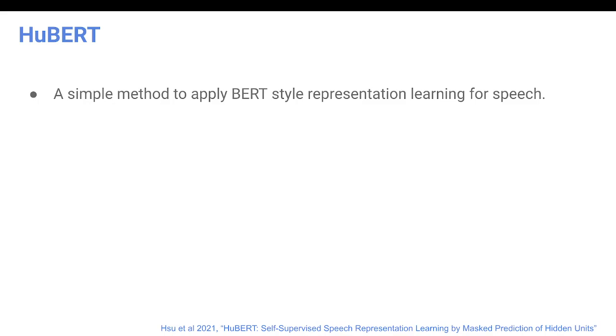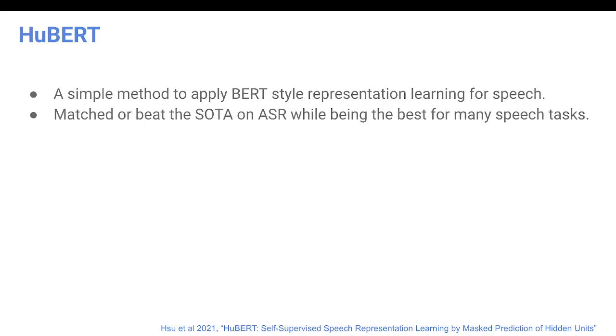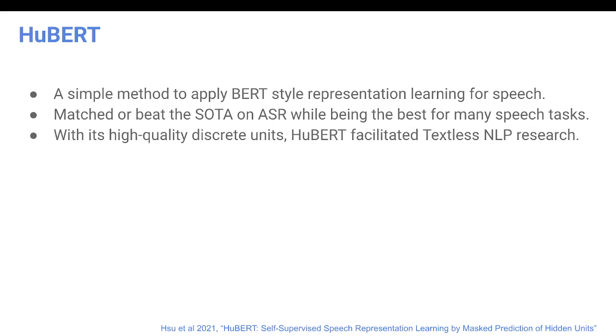HuBERT just tried a very simple trick to get it to work. And to our surprise, it matched or improved upon the state-of-the-art performance on ASR, and got very good performance, sometimes even the top performance, on many speech tasks. And the high-quality discrete units of HuBERT facilitated a lot of follow-up work on textless NLP, where you can use discrete units to do generation of audio and generation of dialogues, as will be highlighted later in the tutorial.